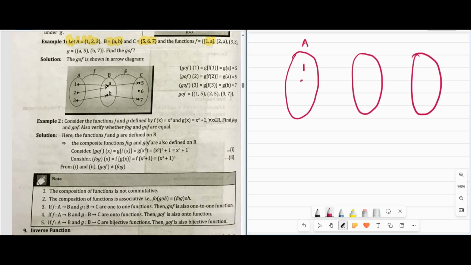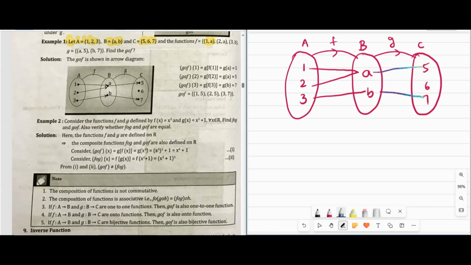A is 1, 2, 3, B is a, b, and C is 5, 6, 7. We'll just solve this and find the answer. Then we have the mapping from A to B, this is the f function, and this is the g function. In f, 1 goes to a, 2 goes to a, 3 goes to b. Then g: a goes to 5, b goes to 7.